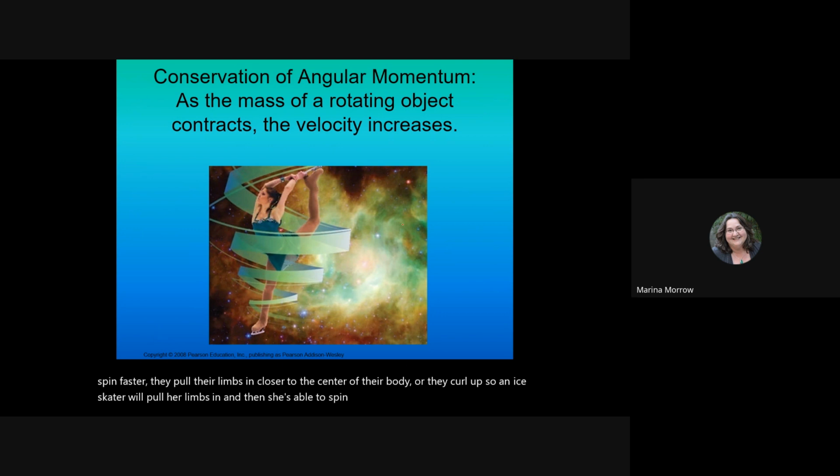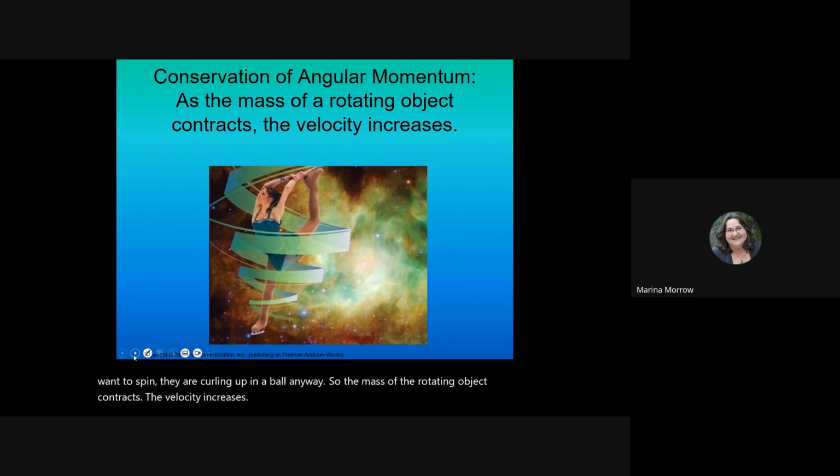Same thing with a snowboarder. They'll reach down, grab their snowboard, and then they can do spins. And divers do the same thing, right? A diver starts out stretched out, but then when they want to spin, they curl up in a ball. Anyway, so as the mass of the rotating object contracts, the velocity increases.